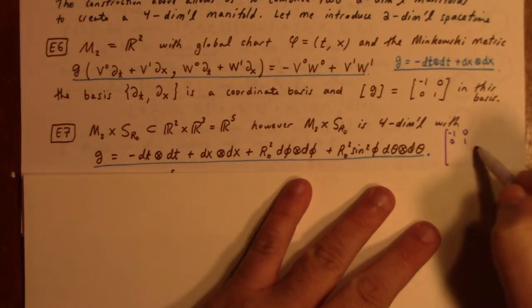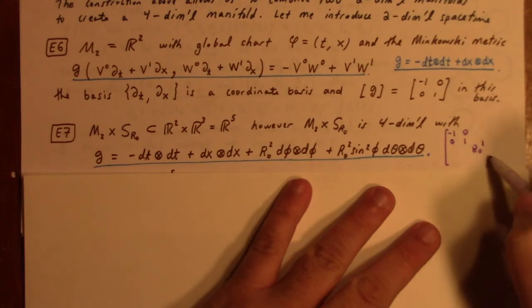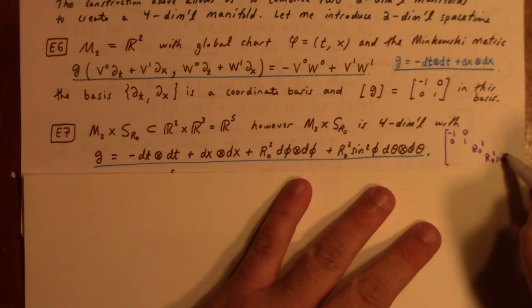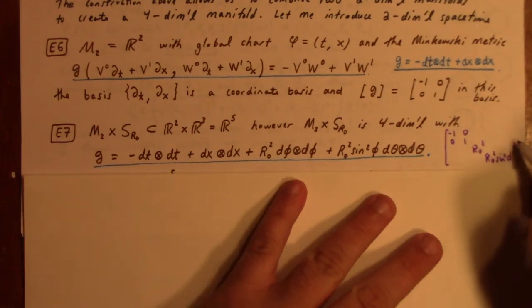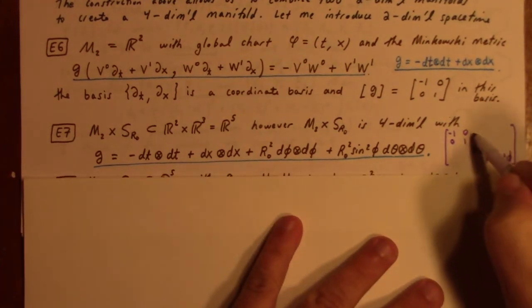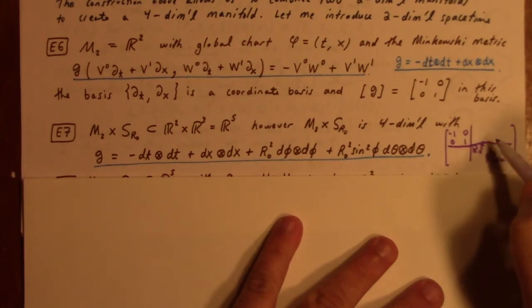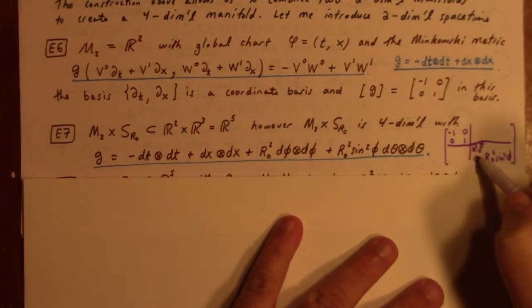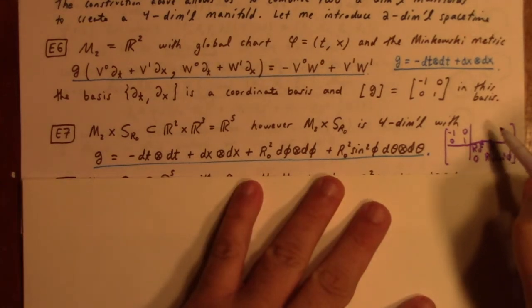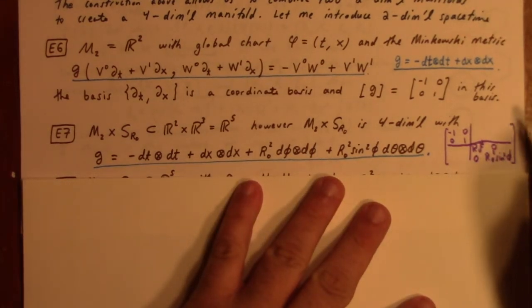And then down here you've got your r naught squared, r naught squared sine squared phi. So this would be the matrix of this four-dimensional metric.